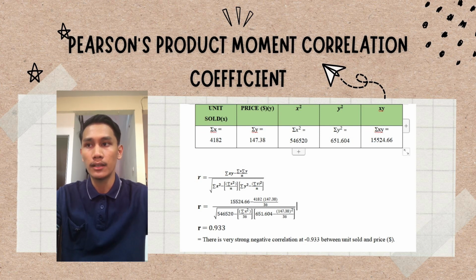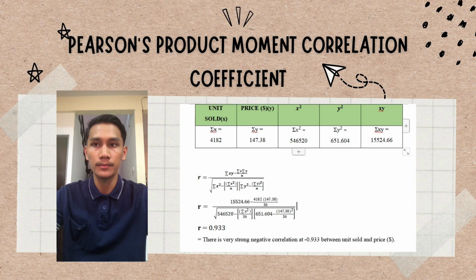In this table, sum of x is 4,182. Sum of y is 147.38. Sum of x power of 2, we got 54,652.